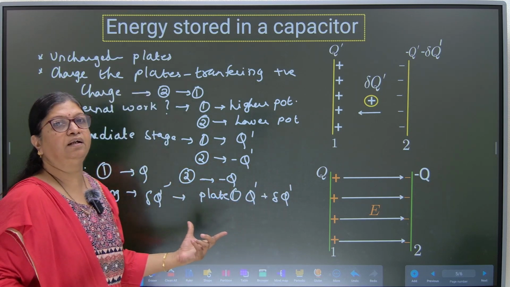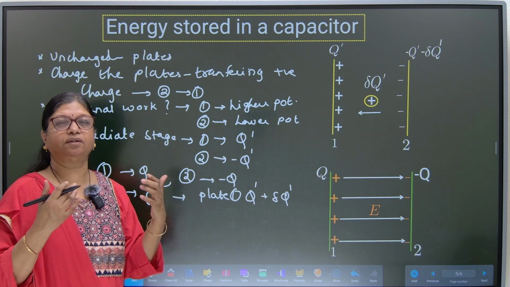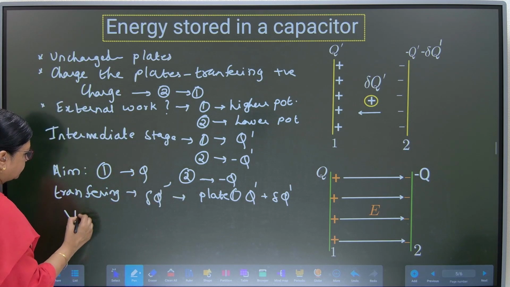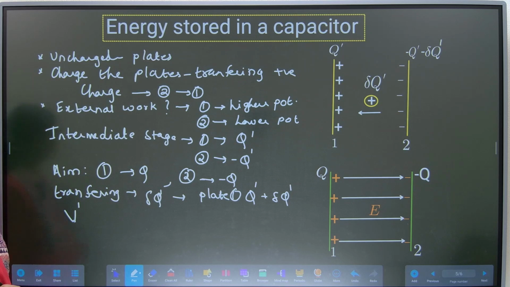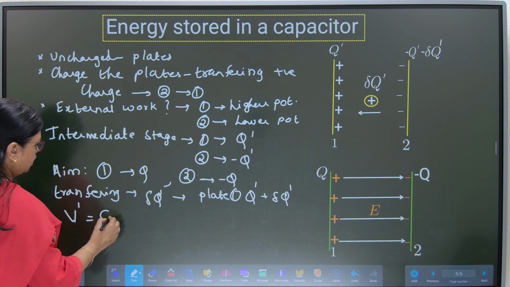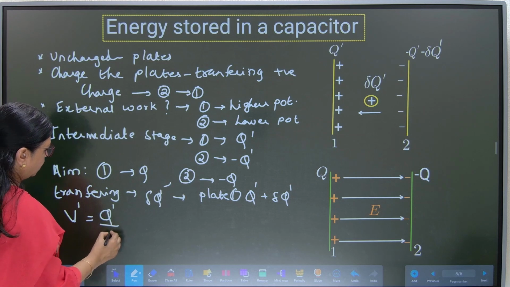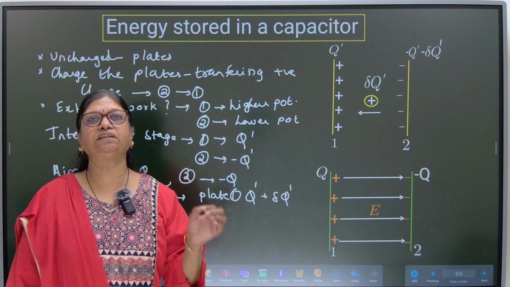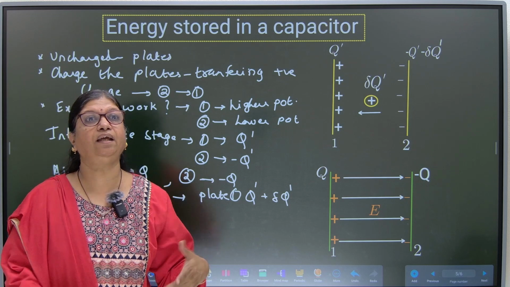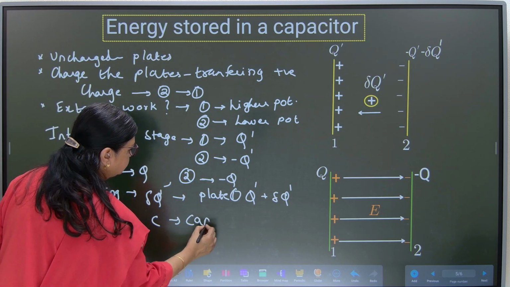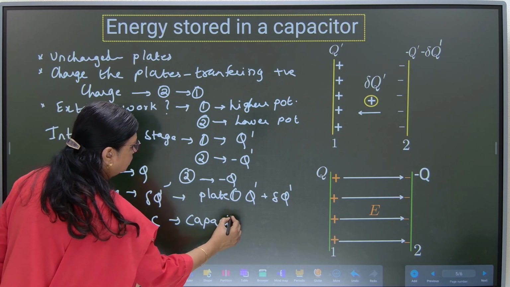So in this intermediate stage, let us consider the potential difference between the plates as V dash is equal to Q dash upon C, where C is the capacitance of the system.